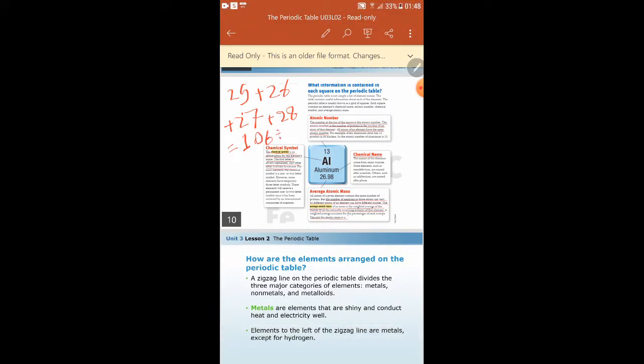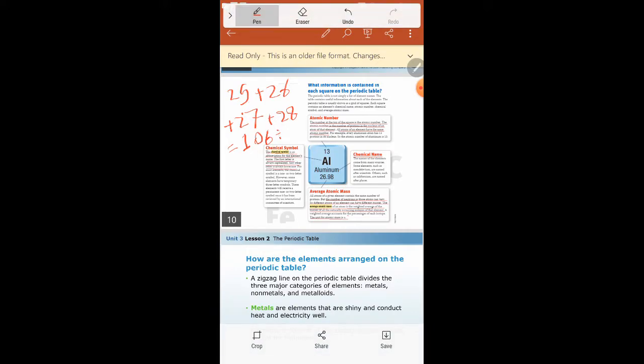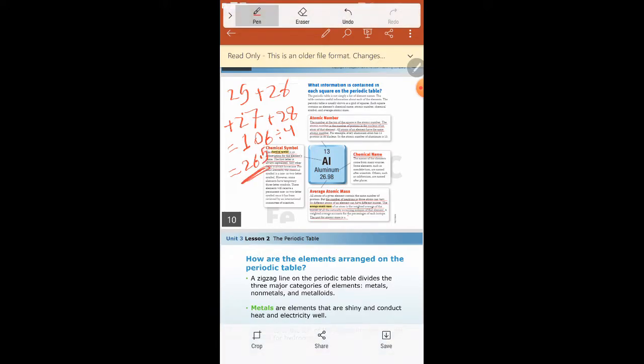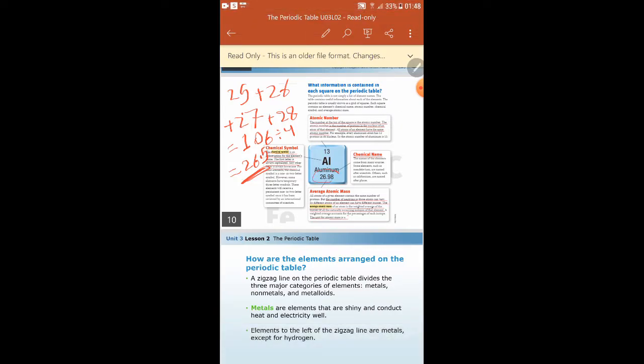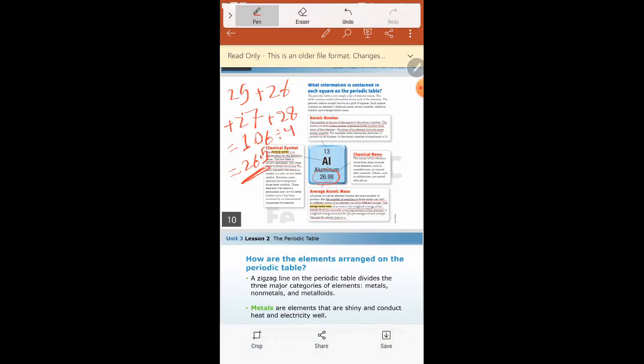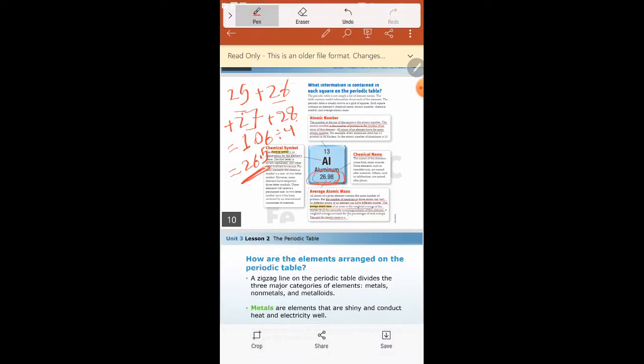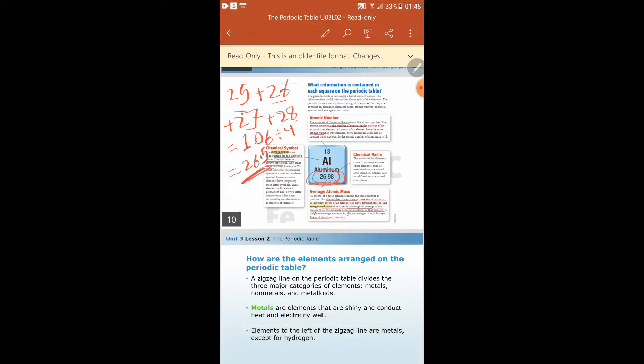It has to be divided by the number of isotopes, 1, 2, 3, 4, so divided by 4, it will be 26.5. This is an example, but maybe here, because they found 26.98, that means there are more isotopes, or maybe the isotopes are not exactly like what I found. So finally they put for us the final number, the average mass of all of the isotopes. This is the atomic mass.